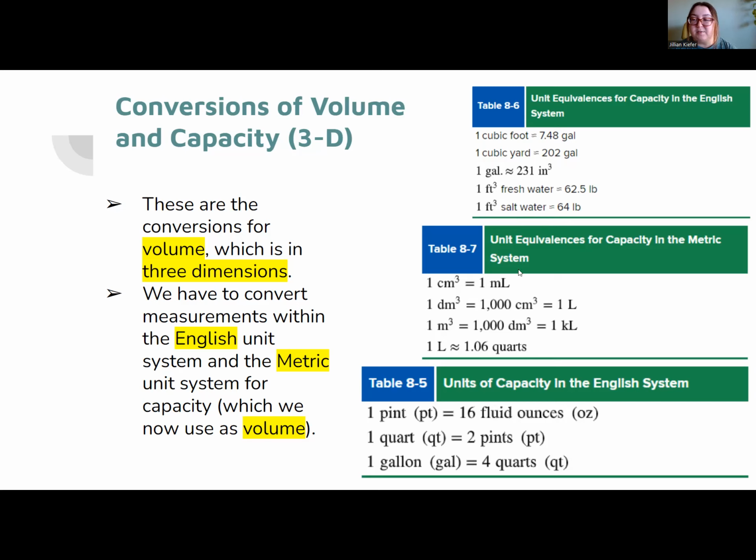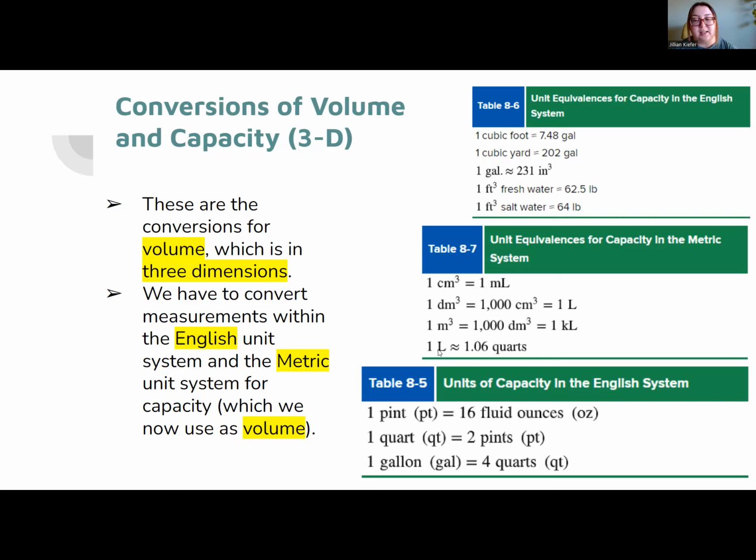Then we have unit equivalences for capacity in the metric system. 1 centimeter cubed is 1 milliliter. 1 decimeter cubed is 1,000 centimeters cubed, which is 1 liter. 1 meter cubed is 1,000 decimeters cubed, which is 1 kiloliter.